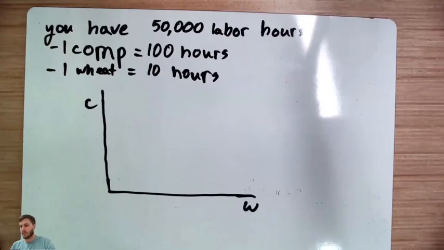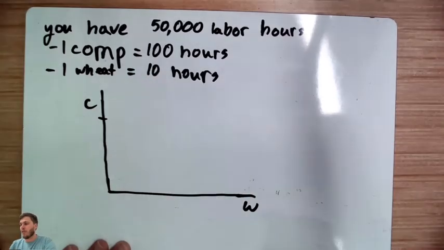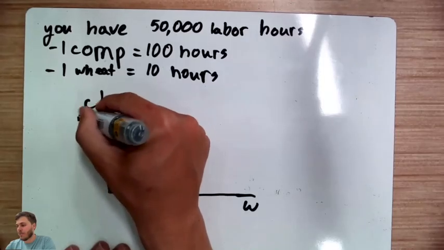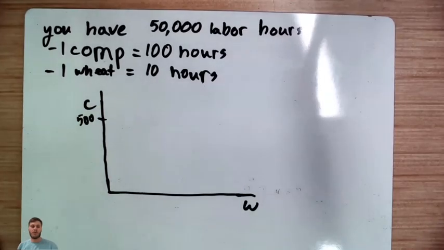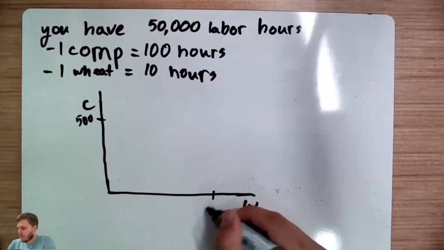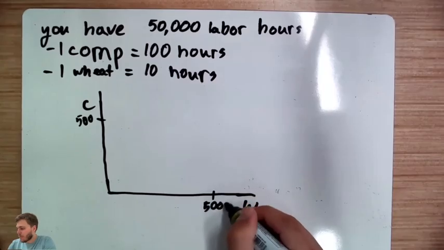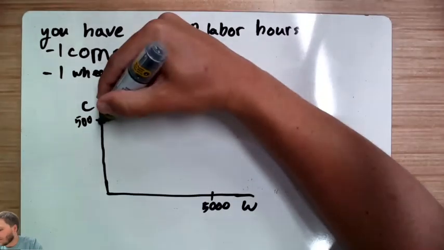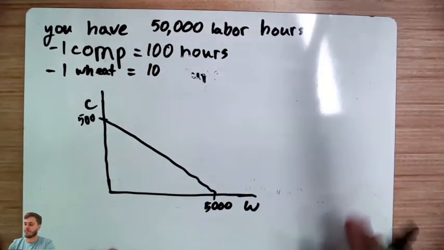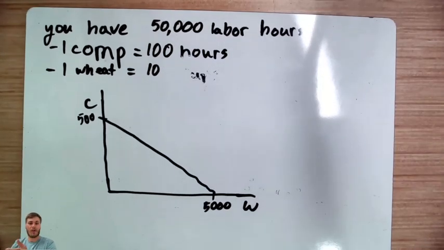Well, hopefully you can do that math. 50,000 divided by 100, I could do 500. If I was to use all of my labor hours and put it onto wheat, 50,000 divided by 10, I would make 5,000 wheat. And with this, I can just make a straight line. And that's it. That's all I need.